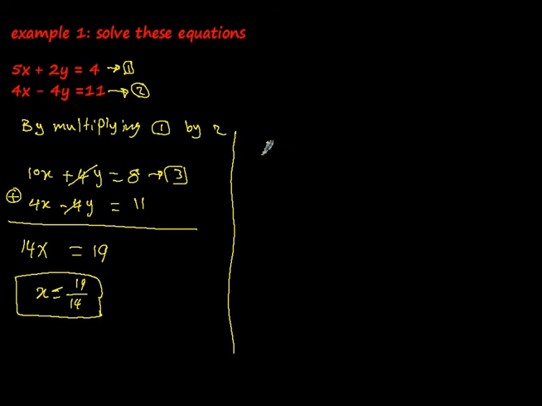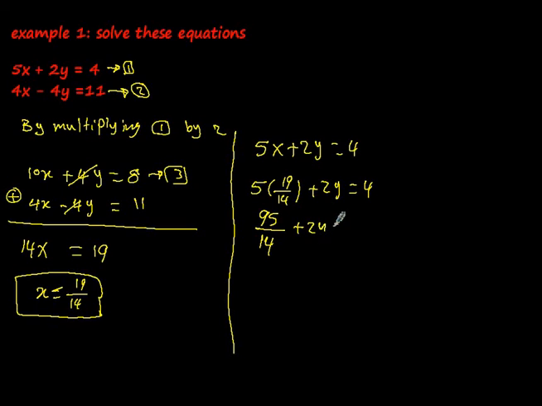Let's have the first one, which is 5x plus 2y equals 4, so 95 over 14 plus 2y equals 4. And here, guys, we need to get rid of this fraction. So by subtracting this fraction from both sides, or just move it to the other side with a negative sign.